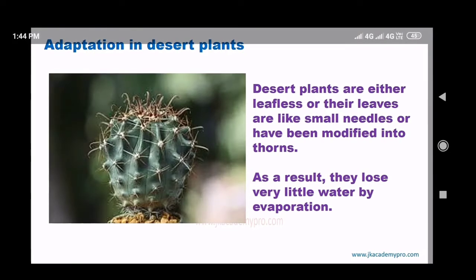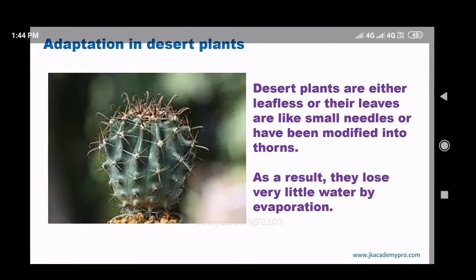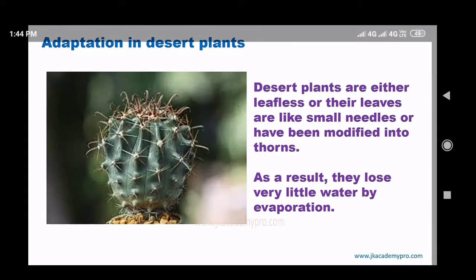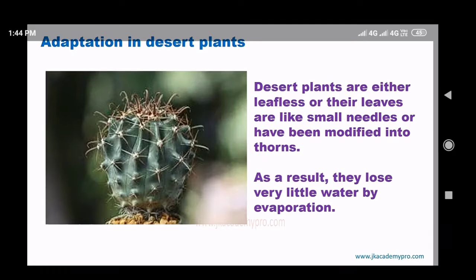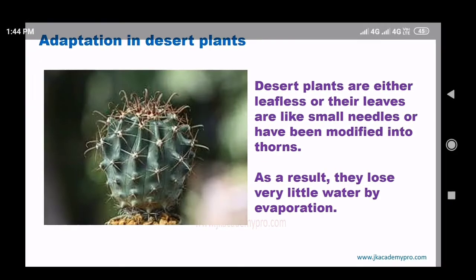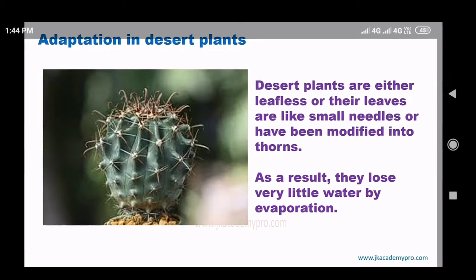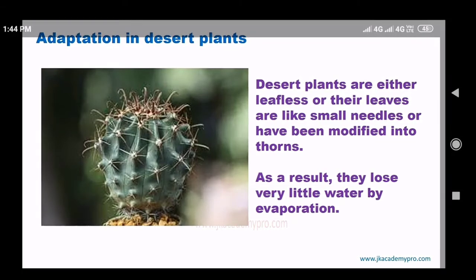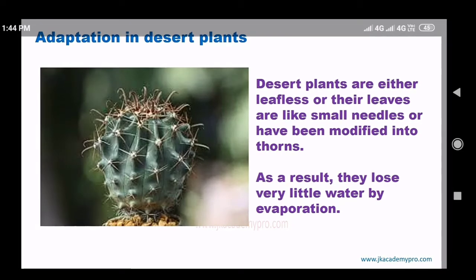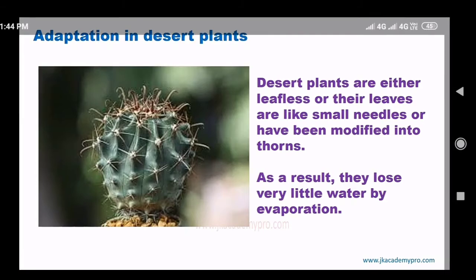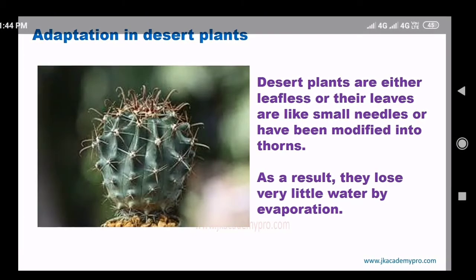Now you can see in this picture that desert plants are either leafless or their leaves are like small needles or have been modified into thorns. As a result, they lose very little water by evaporation.